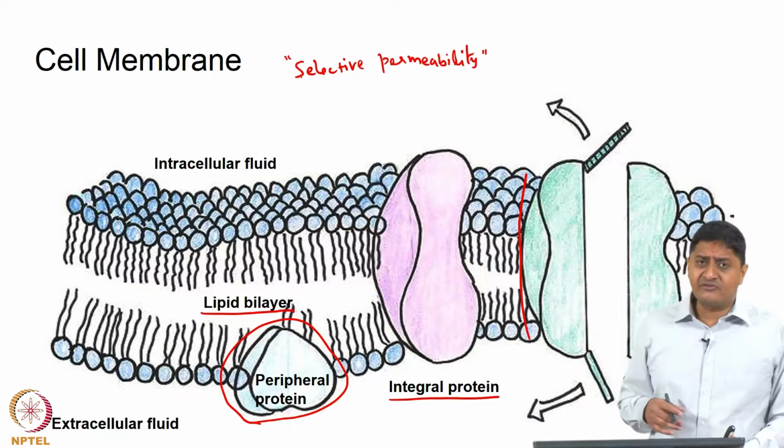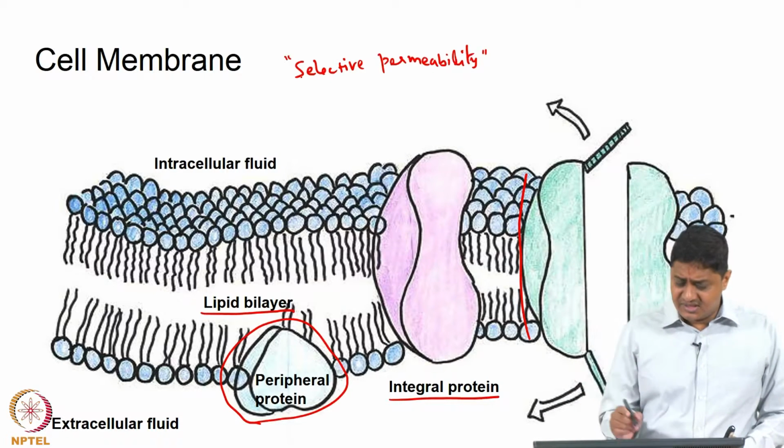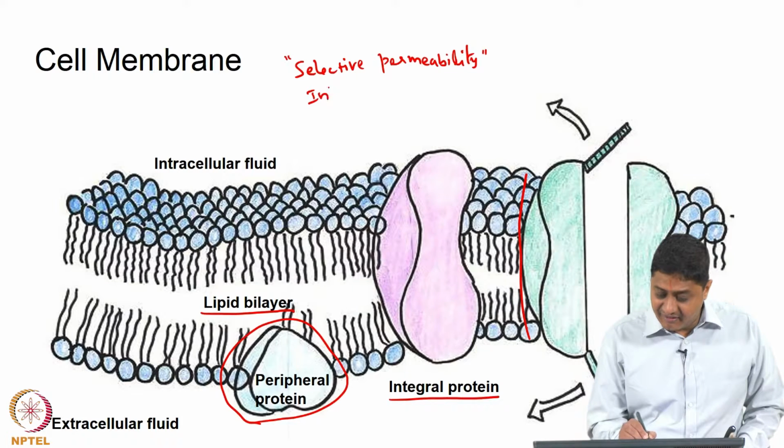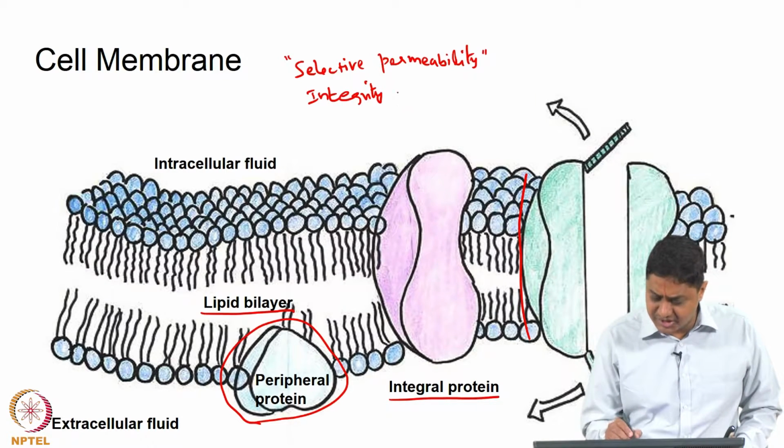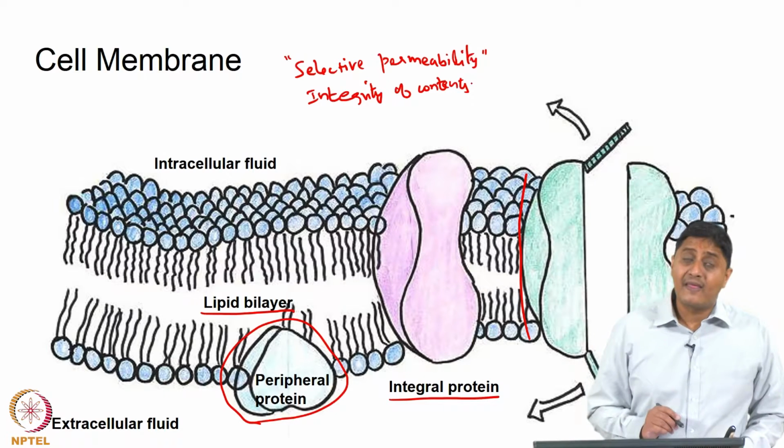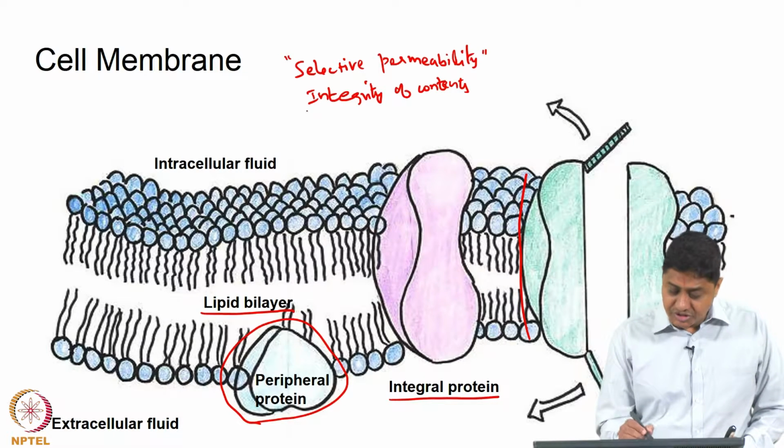So, important functions of the plasma membrane are basically integrity of the contents of the cell. Other than structural integrity, also the contents of the cell, also structural support.